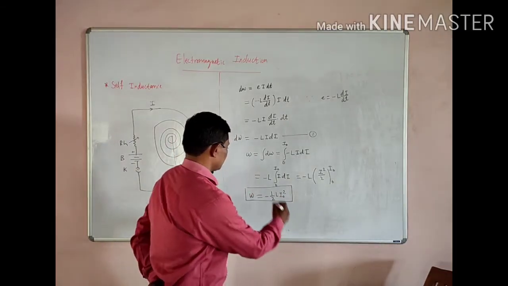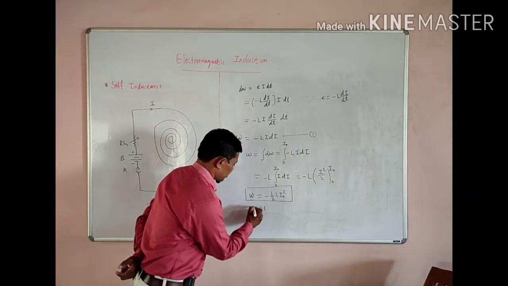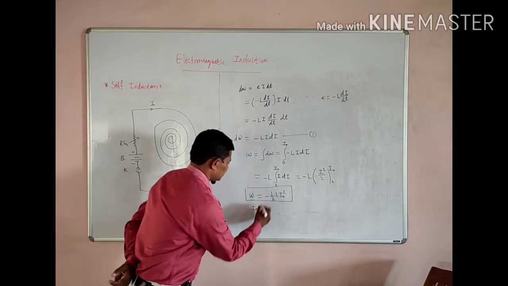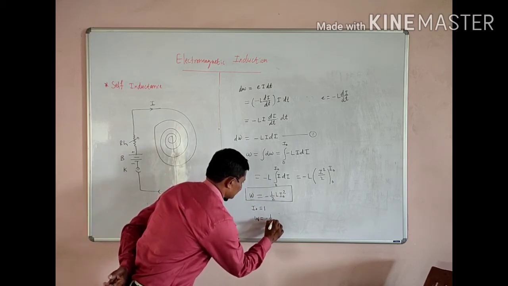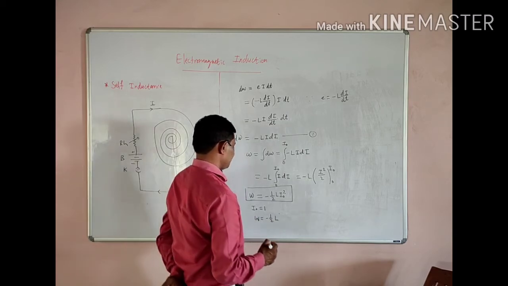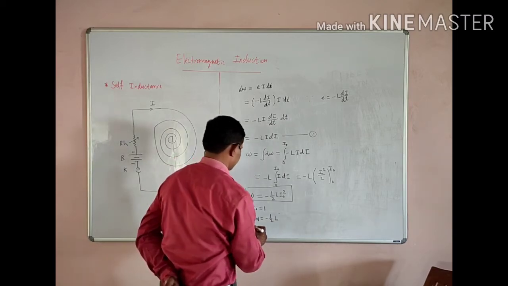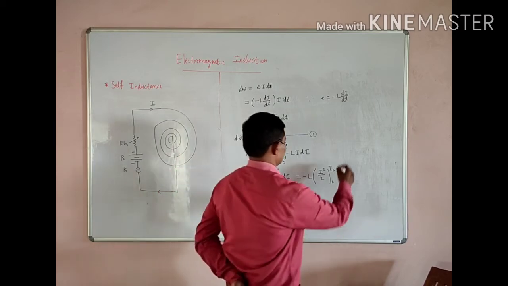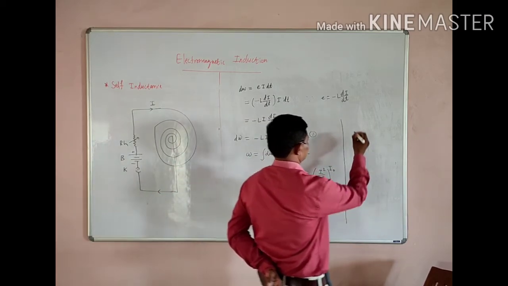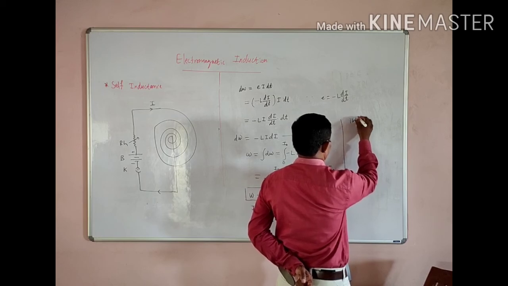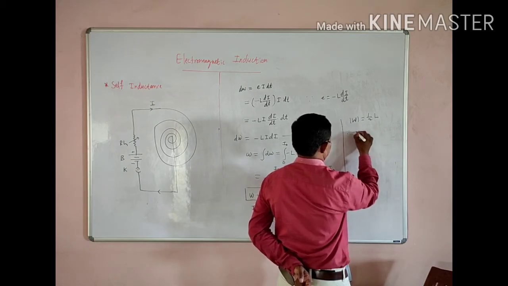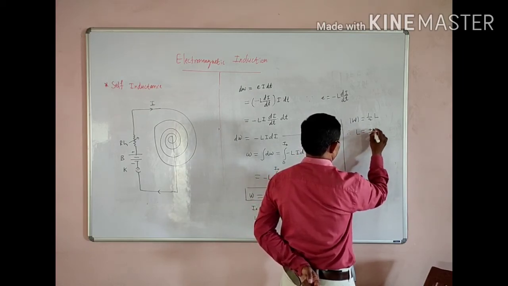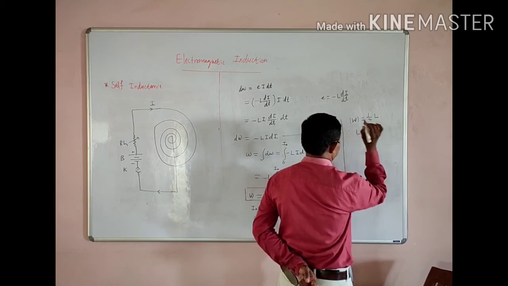Then if you substitute the value of current I0 equal to 1 in this equation, then work done is equal to minus 1 half L. If you take the magnitude only, then mod of W is equal to 1 half L, or we can say that inductance of a coil is 2 times the work done.